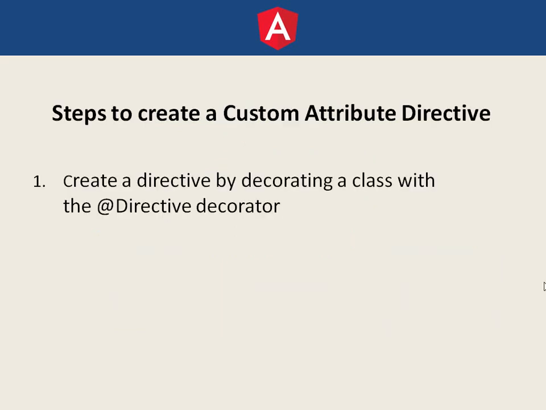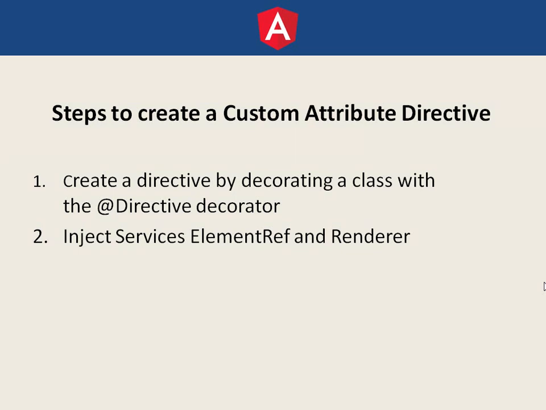Now, before going on to create a custom attribute directive, let us see the different steps involved. Step 1 says that we need to create a class and decorate it with the decorator @Directive so that it starts behaving as per the specified behavior in the directive. Step 2 is the most important step in creating a custom attribute directive.